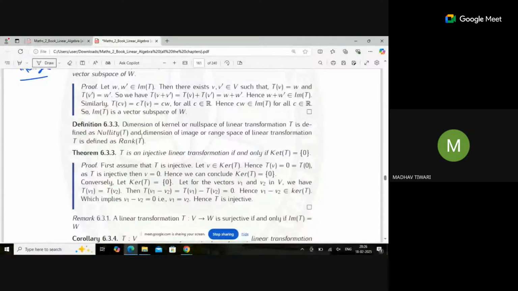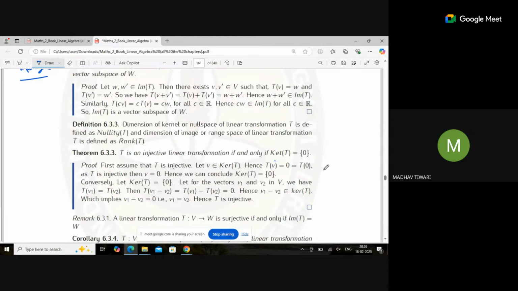So what is nullity? Nullity is basically the dimension of the null space. And the dimension of the image space or range space is called the rank. Now let's move on. T is an injective linear transformation if and only if the kernel of T is equal to 0.